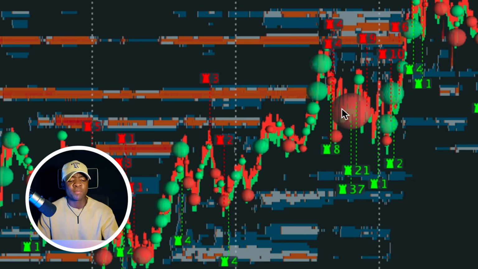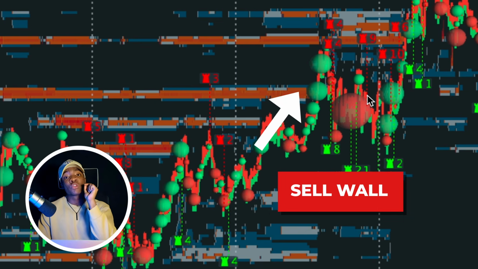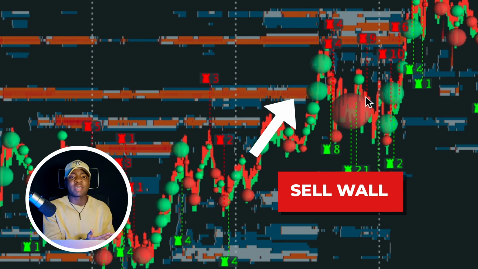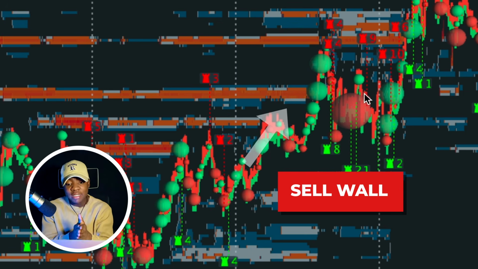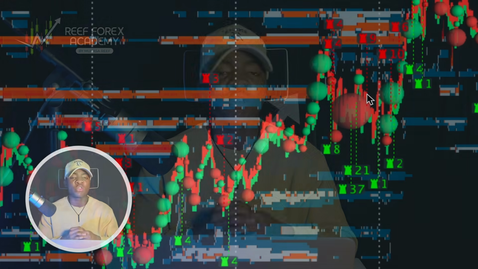So this wall right here showed us why we actually need to see the footprint chart or to look at this order book heat map for further confirmation before we take any trades. You're not just going to look at these walls and just set a sell limit order because Reef told you that you can just set a sell limit order, no, or because Reef told you that when there is a bright wall below price, you can just set a buy limit order.